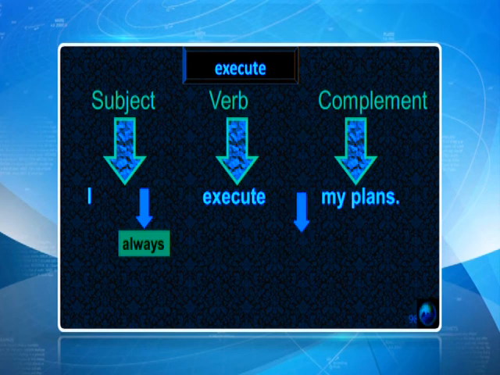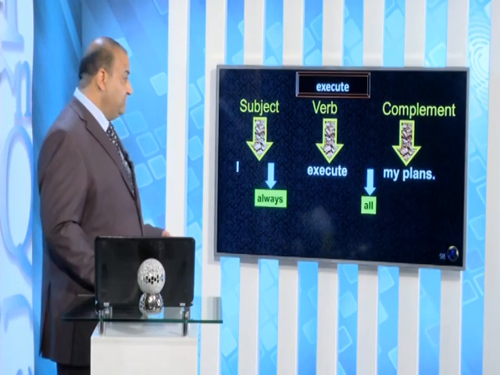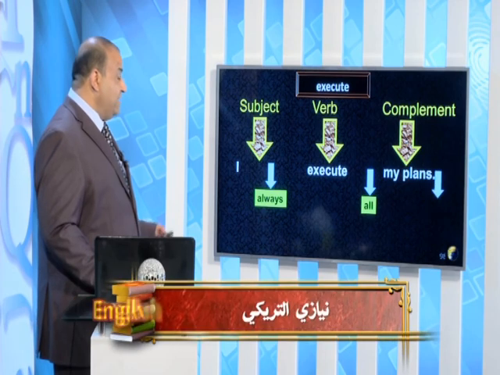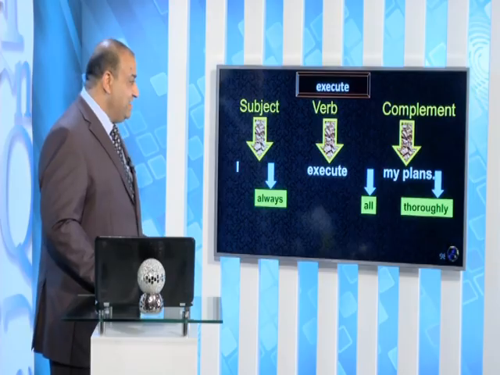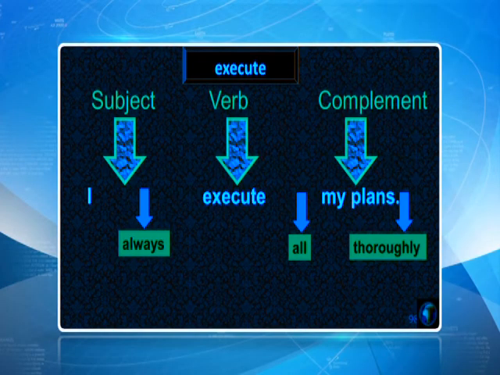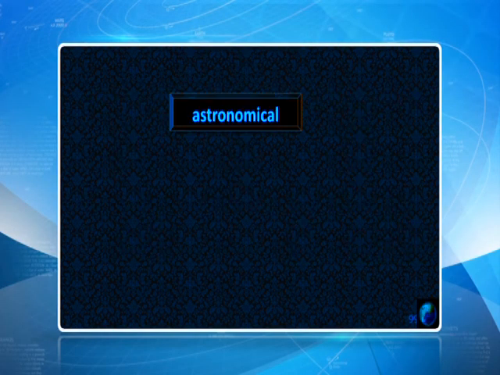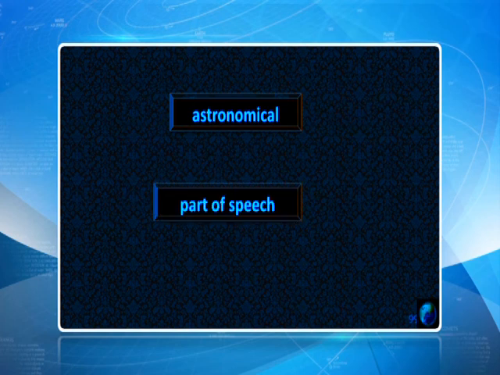Still others may say, I always execute all my plans, to show that he is a good person. The first sentence, the second sentence, and the third sentence are correct, and they deserve full mark. Some extremely motivated students may say, thoroughly, for example. They add another adverb.